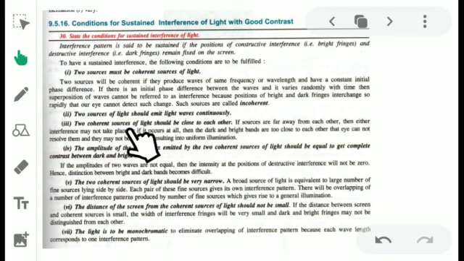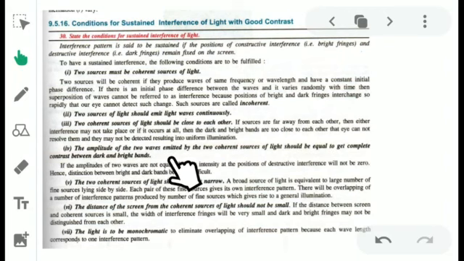The two coherent sources should be close to each other, that means the distance small d should not be that large. The amplitudes of the two waves emitted by the two coherent sources should be equal to get complete contrast between the dark and bright bands.